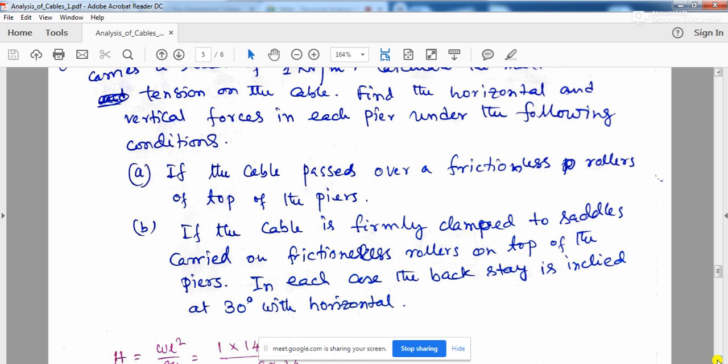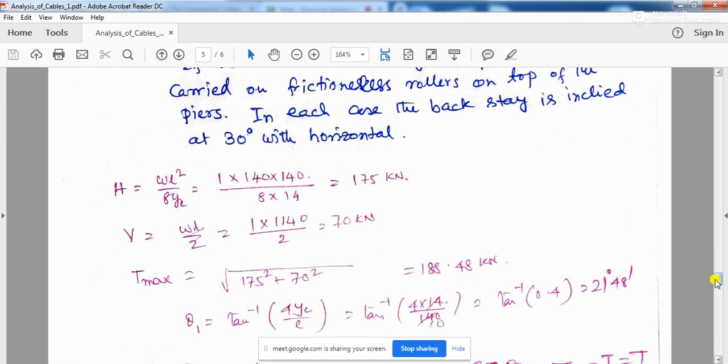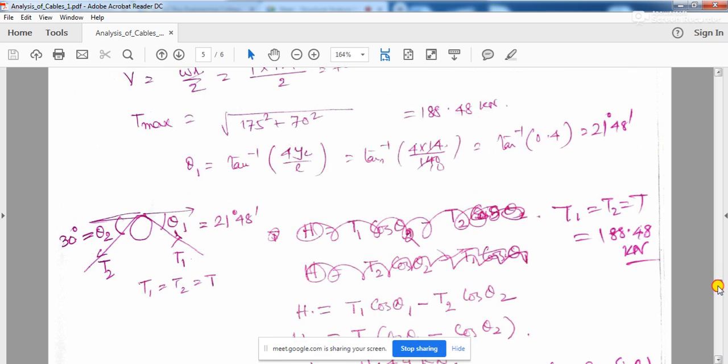For both conditions, the question says that in each case the backstay is inclined at 30 degrees with the horizontal. What does that mean? It means it is this one. So this is your backstay, and this is your main cable.